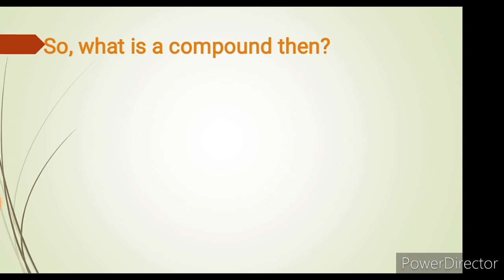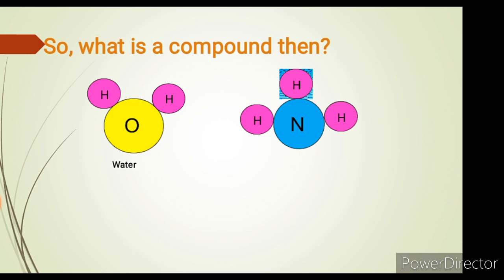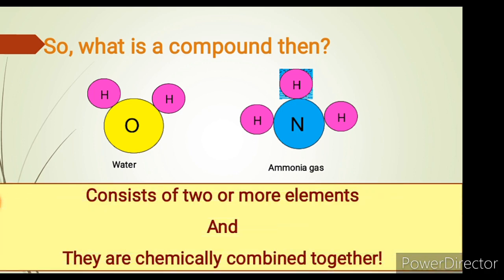So what is a compound then? This is a water molecule, H2O. And this one is ammonia, NH3. These are examples of compounds because they consist of two or more elements and they are chemically combined together.